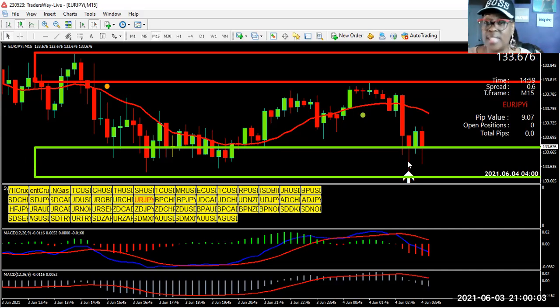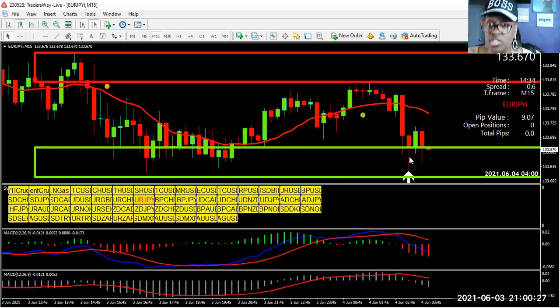First, it's telling us that there is bullish pressure in this area. Why? Because price was down here. The candle, the body was down here. But because of bullish pressure, it pushed price back up and it closed right around in this area. So one, bullish pressure is in this area.